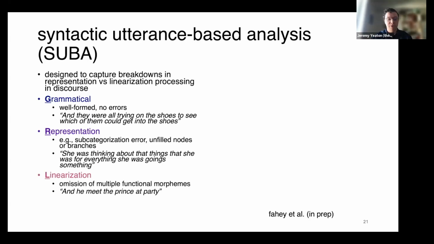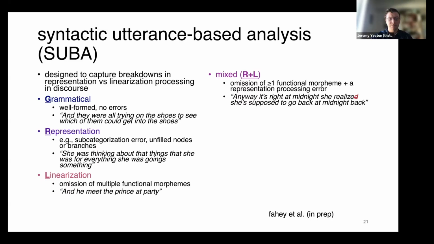We can have linearization errors, which is the omission of multiple functional morphemes. So, "and he meet prints at party," where a couple of functional elements are going wrong. Then mixed errors, which are a combination of one or more missing functional morphemes plus a representation processing error. So these are a combination of features from both of these levels of processing.